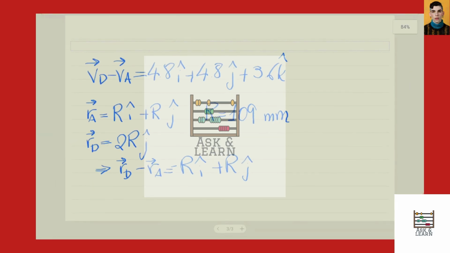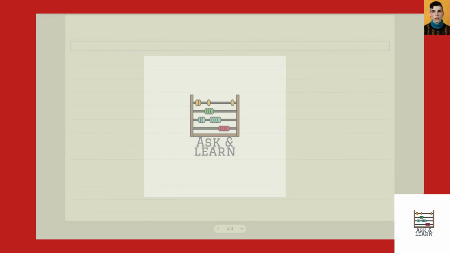Okay, now we need to calculate the cross product of the angular velocity times rd minus ra. In order to do this, we can use the determinant form. But before we begin, we might be able to see a simplification here.